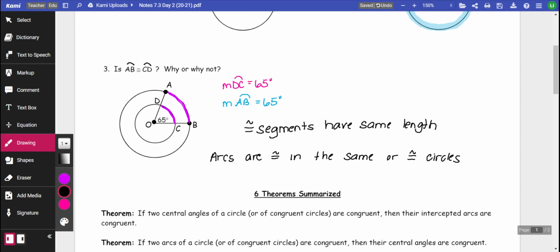So since arc AB and arc CD are neither in the same nor congruent circles, I would say that arc AB is not congruent to arc CD. So that third problem here in our quick review warm-up leads us into some theorems.